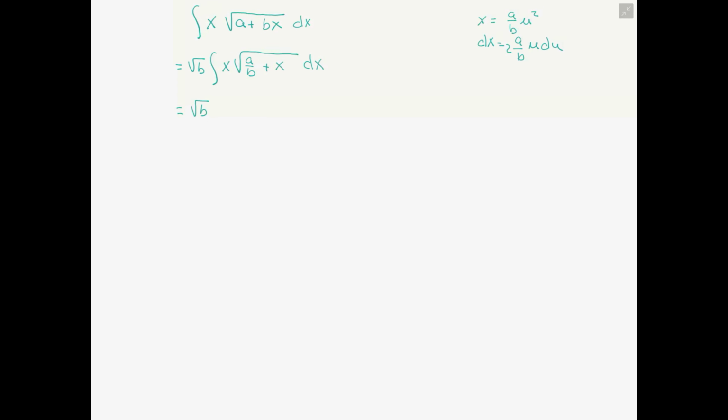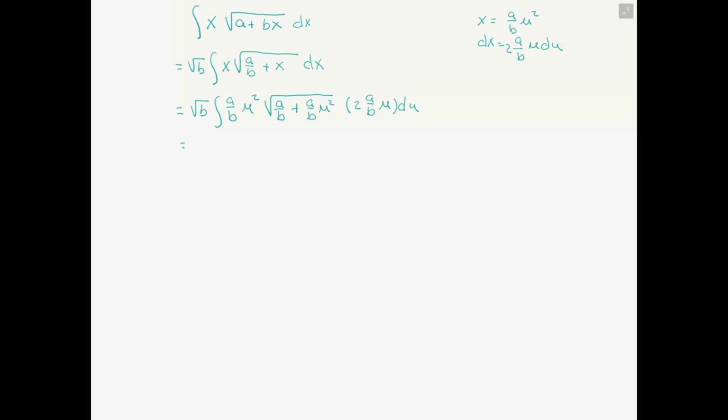And then we make that swap, that substitution. So we got the square root of b out here. We've got x, which is a on b u squared. We have a on b plus x. So x is a on b u squared, and we have 2 a on b u du.